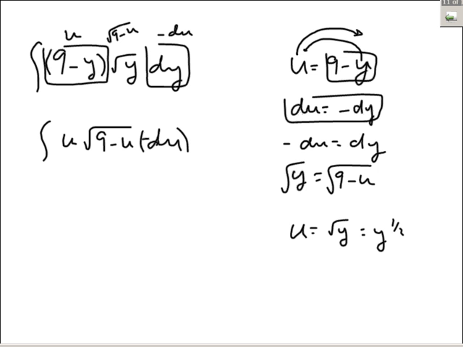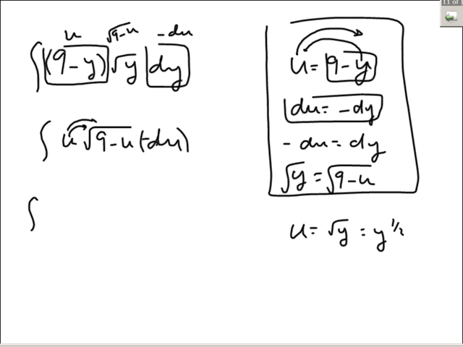The question is, did this help us? Is it in the form of u to the n du or anything else? Well, okay, let's just finish up this. So letting u equal 9 minus y didn't seem to help us very much.